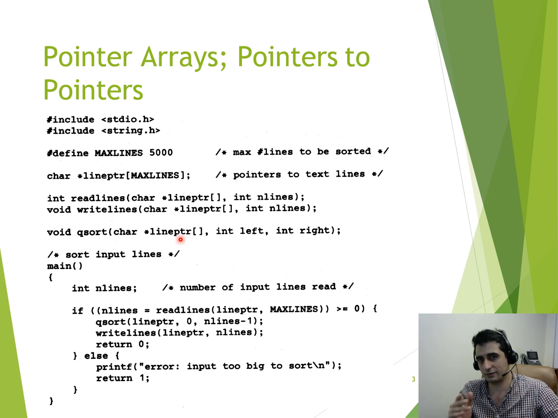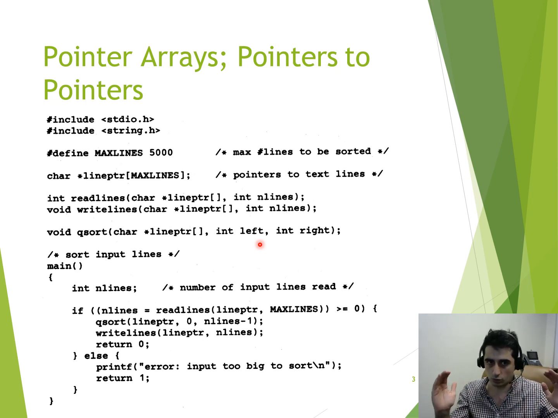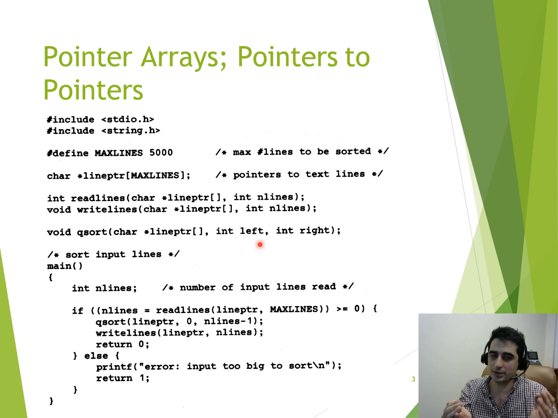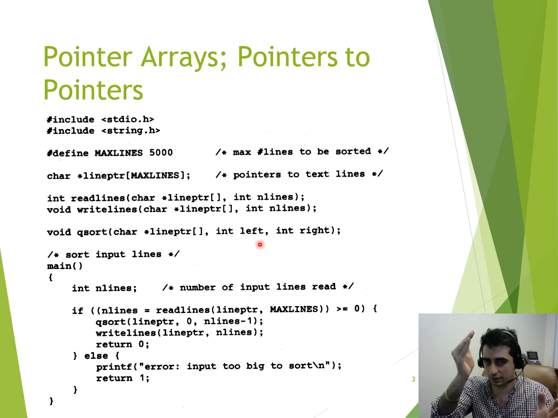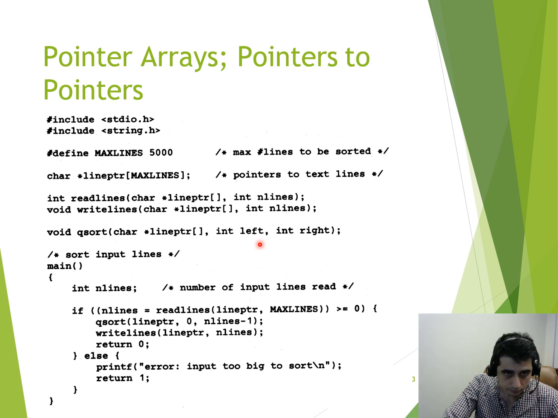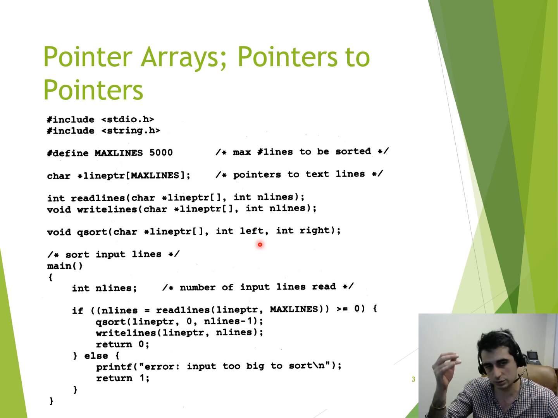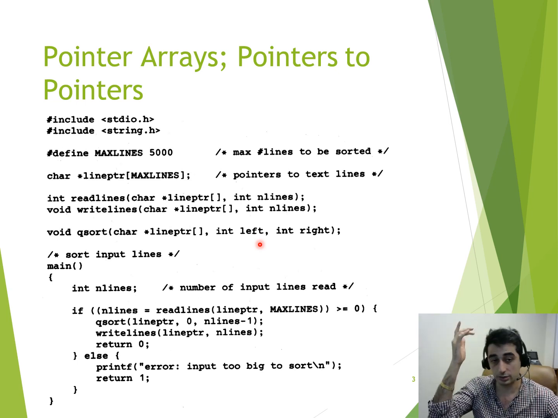The reason we pass left and right is because qsort is recursive. Those of you who know how quicksort works know it's a recursive sorting algorithm, and it needs to get the left and right index so that it always sorts the subarray starting from left and ending at right. And using that, we implement the qsort or quicksort in a recursive fashion.